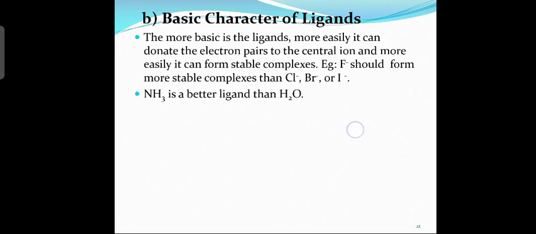Okay. Next, it depends upon basic character of ligands. The more basic the ligand is, the more easily it can donate electron pairs to the central metal ion and the more easily it can form what? Stable complexes. Example, fluoride should form more stable complex than chloride, bromide or iodide. Okay. Then if you compare amine and water as ligands, ammonia is a better ligand than water.